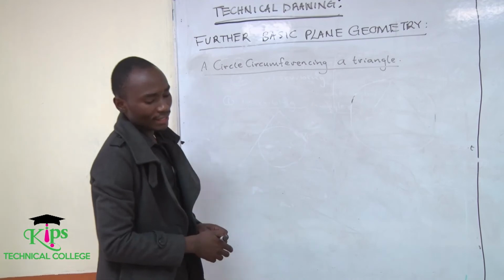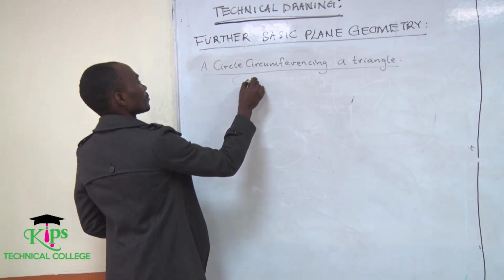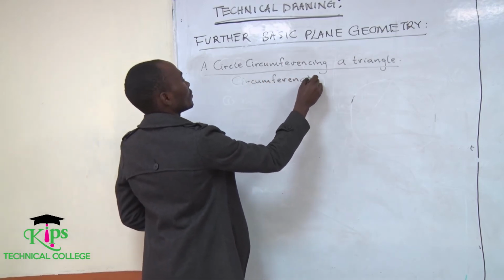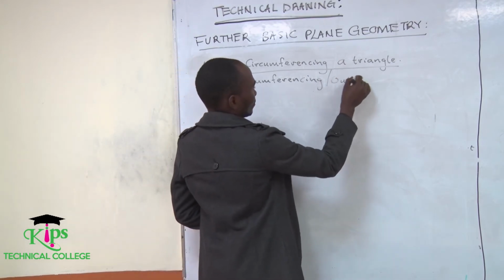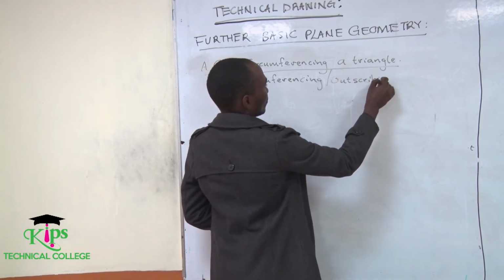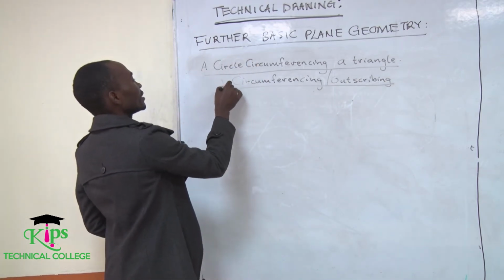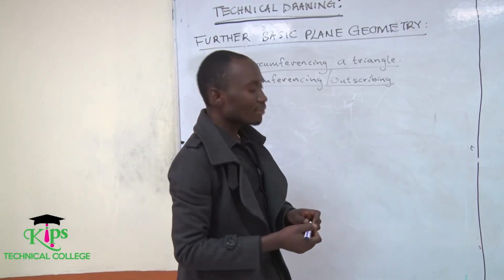What do we mean by circumferencing? Circumferencing simply means outscribing. It is another terminology which can replace outscribing.